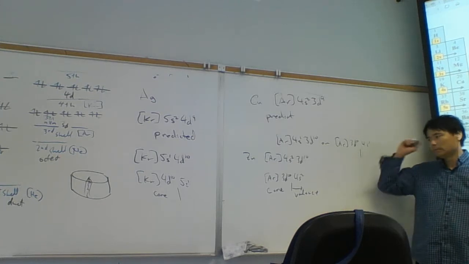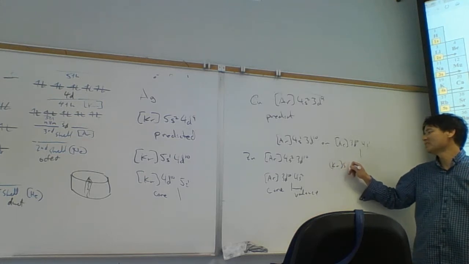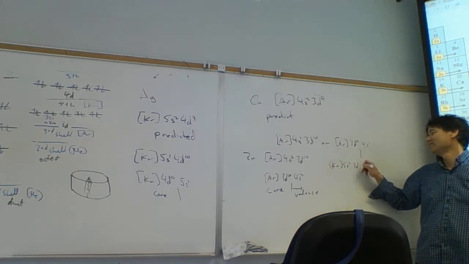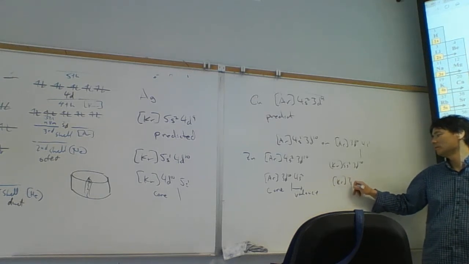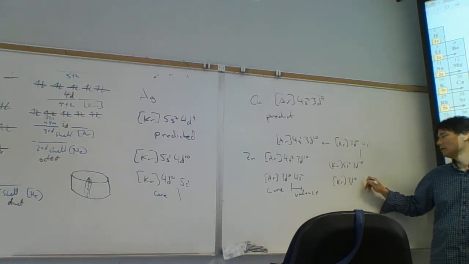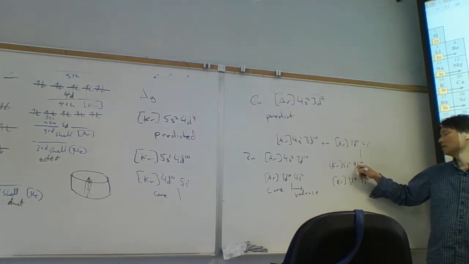That would be cadmium. And cadmium would be krypton, 5s2, 4d10. Getting it in terms of core and valence, we'll rearrange it: inner shell, and then the outer shell will be the highest n. Oh, it should be 4d10, sorry.